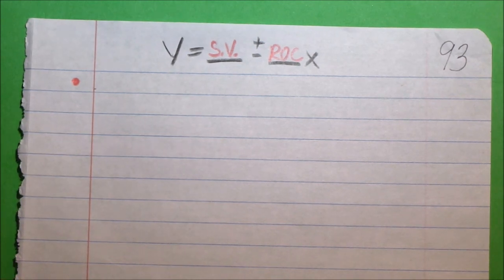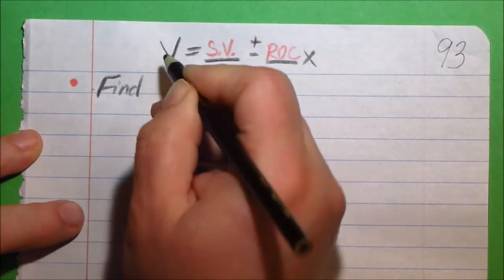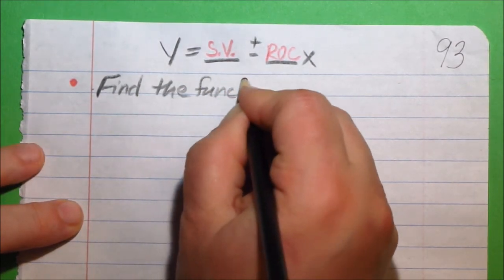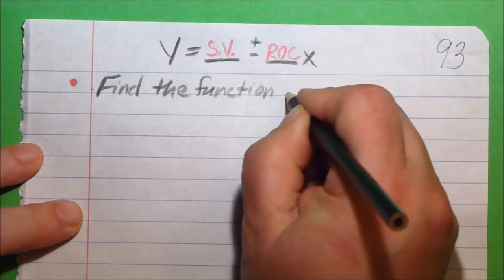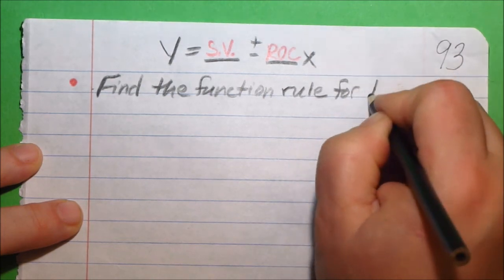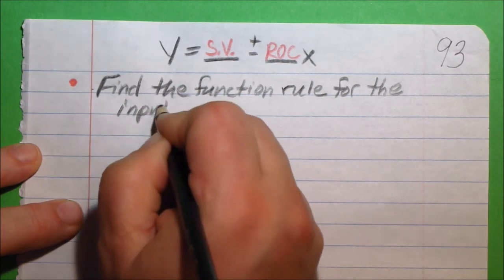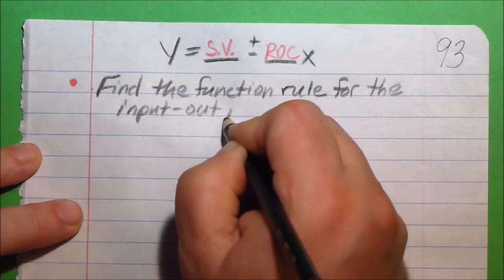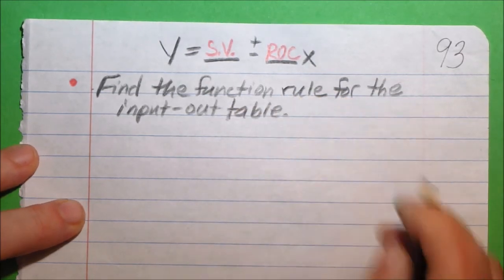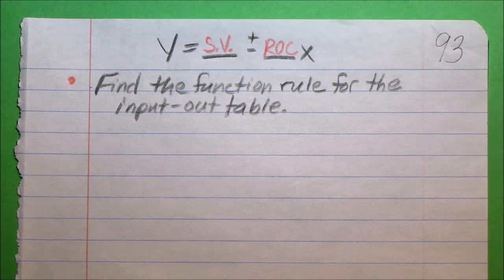All right, so the first thing that we are going to do is find the function rule for the input, output table. All right, so this is very similar to what I was showing you on the first page of notes, but now we're going to do it in a few less steps, okay?